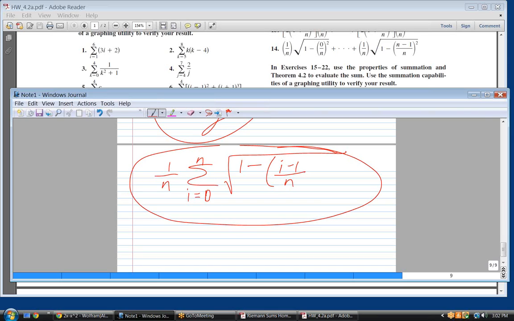I don't like that either. We've got to have our first term be 0. So does this work? Well, when I is 0, we have that term right there, regardless of what n is. The next term is I is 1. That's what she got. This is what she has? Yeah. Okay.